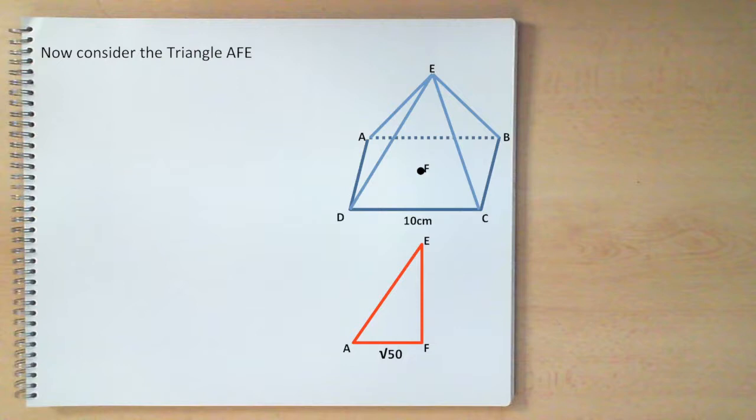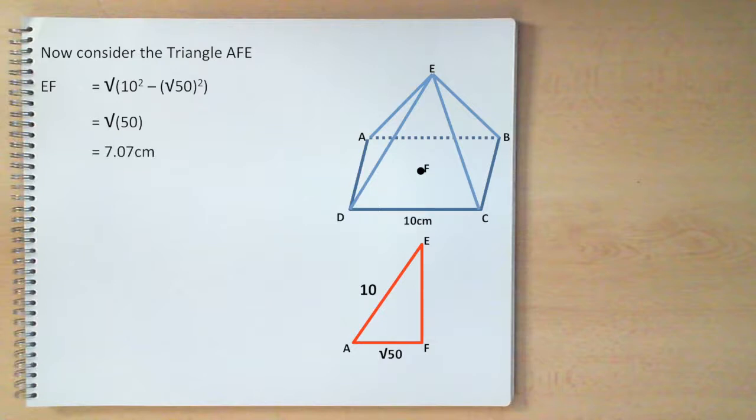We also know the distance from A to E, because it's one of our equilateral triangles, is 10. So we can now use Pythagoras to work out the height from E to F. Because we know the hypotenuse and one other side, the Pythagoras equation is going to be a subtraction one. So EF is equal to the square root of 10 squared minus root 50 squared, and that is the square root of 50.